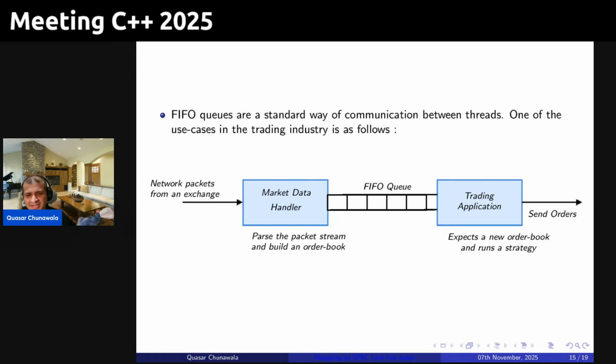So the trading application expects a new order book, and then it will run a strategy on the order book each time an event occurs. So naturally, the communication mechanism between these two threads is a FIFO queue. The reason for having two threads instead of one is simply because it reduces the latency, and it has much faster performance.